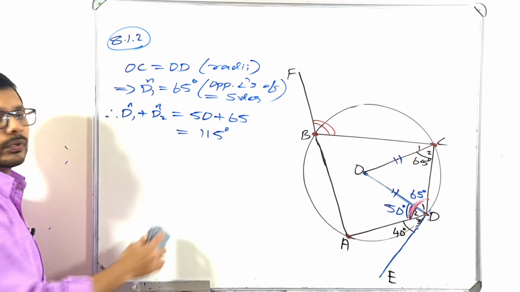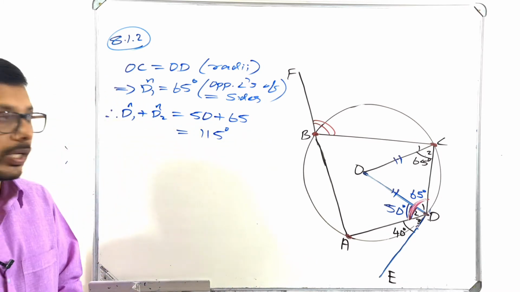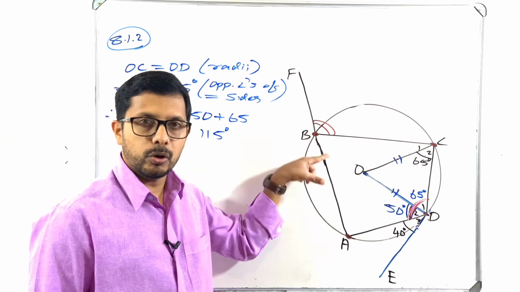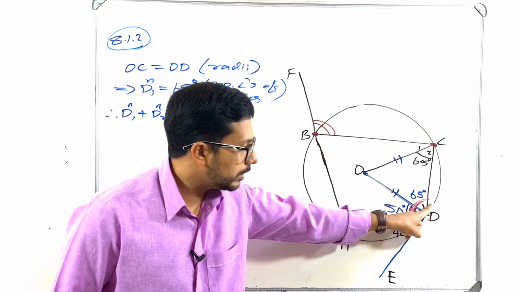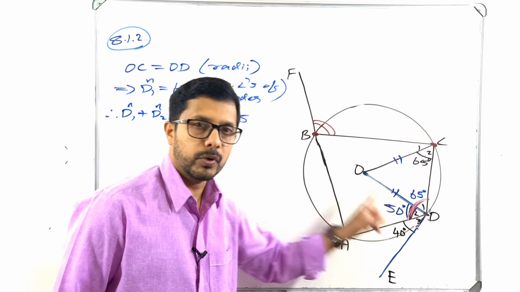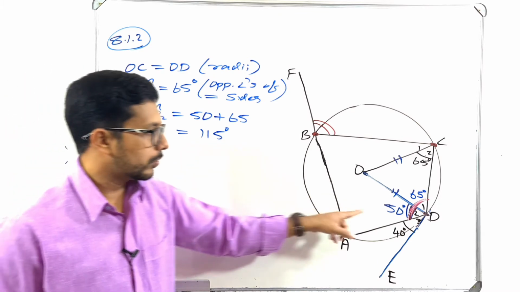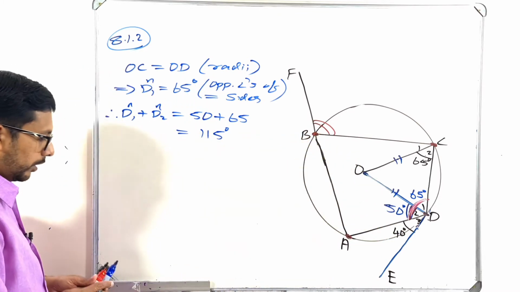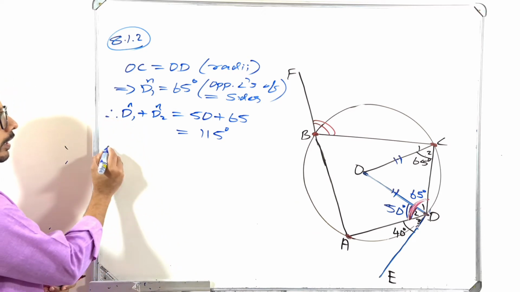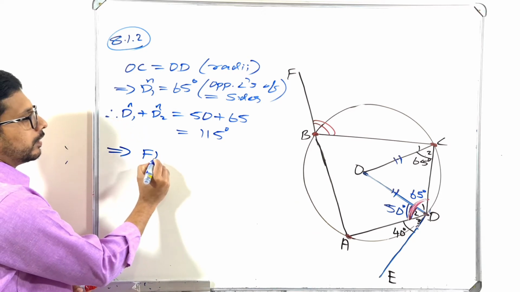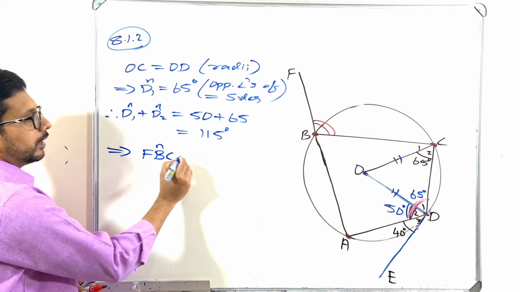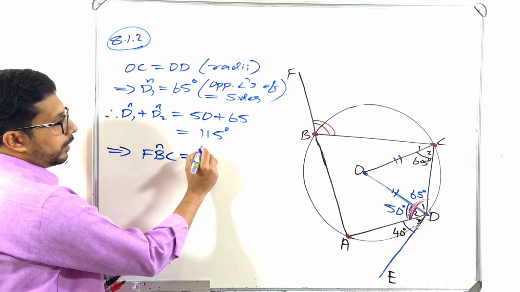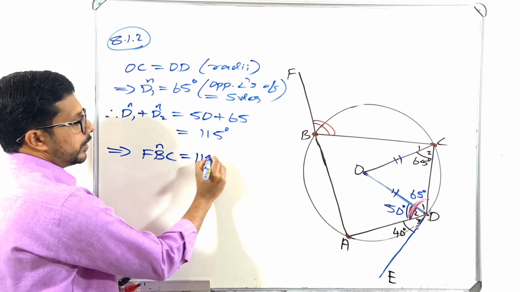Okay, now do you remember I told you exterior angle is equal to the opposite interior angle? So what is this one total? 115 degrees. So is it not the same as this one? So next step we can write, it implies that angle FBC is equal to 115 degrees.